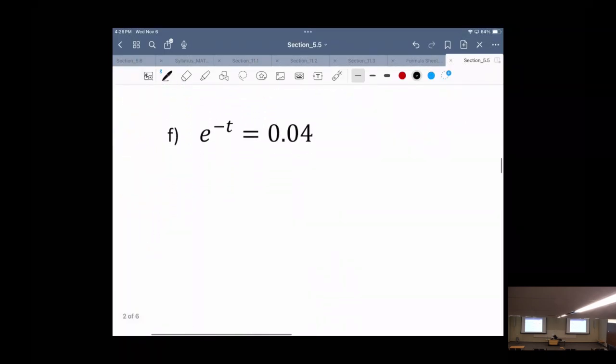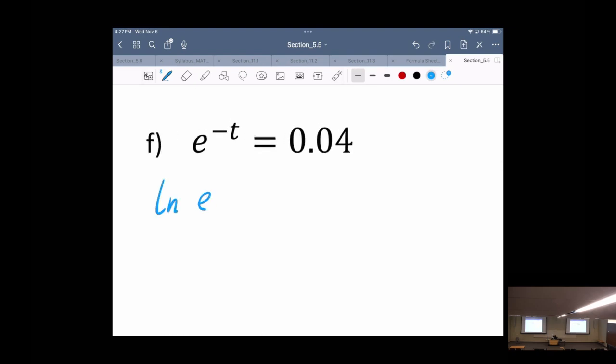So here's the next one, part F. Same scenario. I'm assuming that you've already solved this. If you haven't, just pause the video and do it, and then come back to the video. You can see the base here is again e. So it's easier if we take the natural log of both sides, natural log of 0.04 on the right. This allows us to bring this power down and in front.